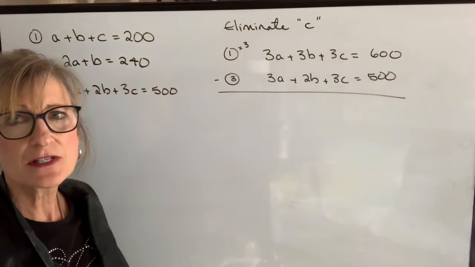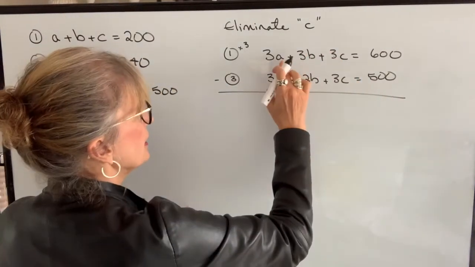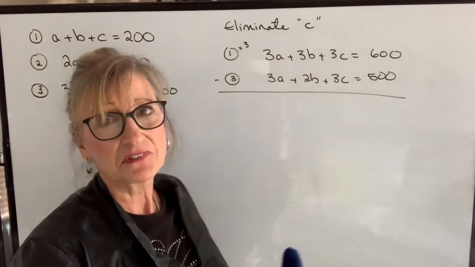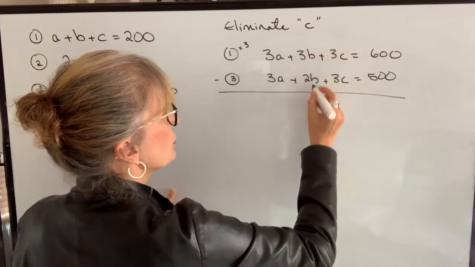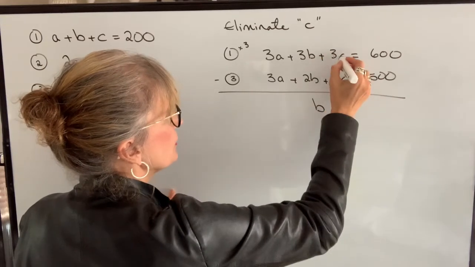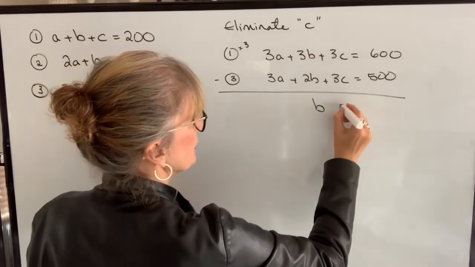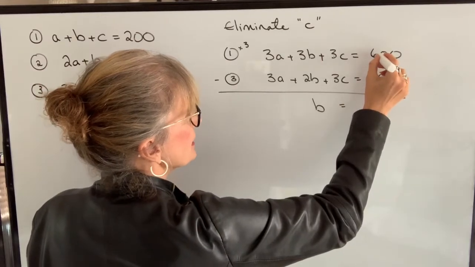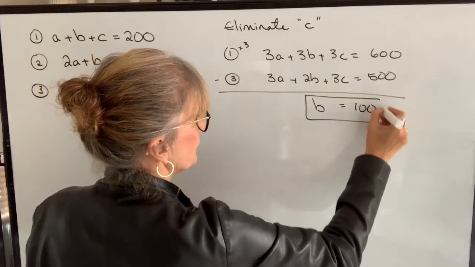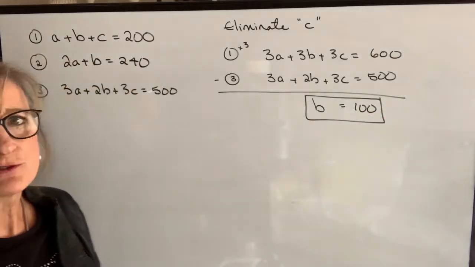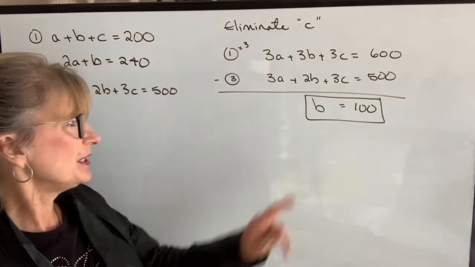They're both positive, so I need to subtract to eliminate. So 3A minus 3A, hey, I eliminate the A as well. Perfect. 3B minus 2B gives me B. 3C minus 3C is gone. 600 minus 500 is 100. So I actually very easily got rid of 2 variables.